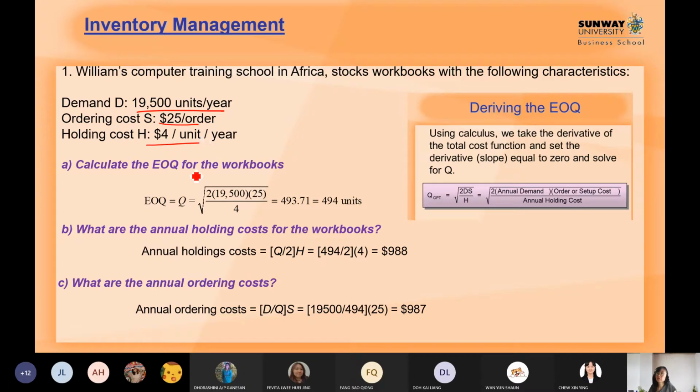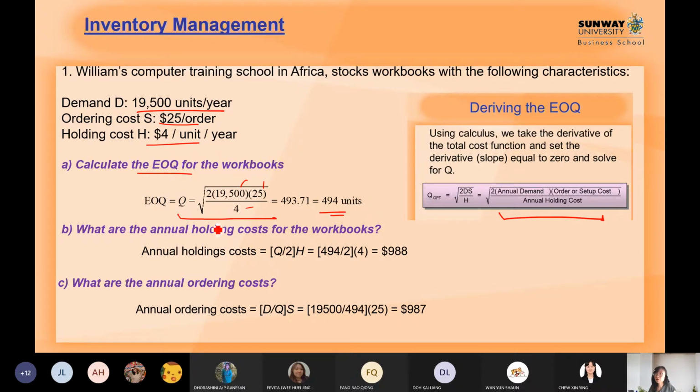Let's calculate the EOQ. The formula is given here: square root of 2DS divided by H. So you just plug in the numbers, demand, ordering cost and the holding cost, and you get the number 494.